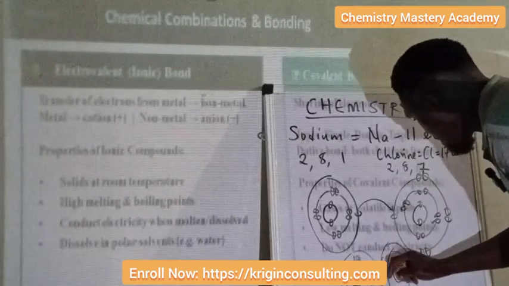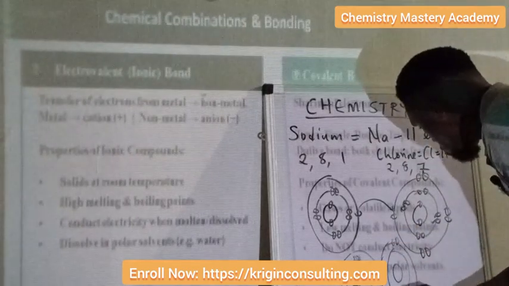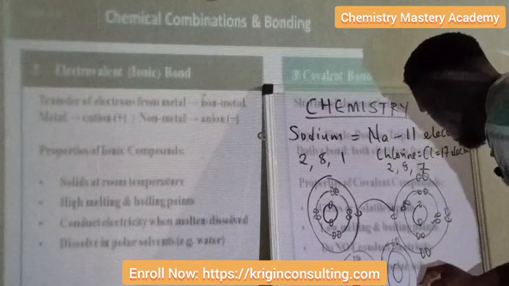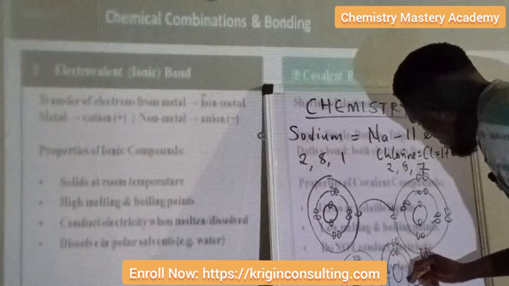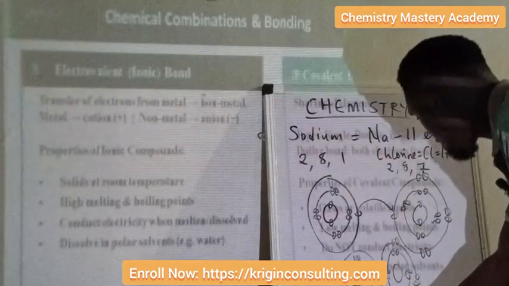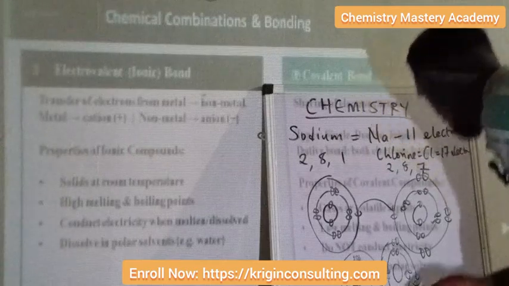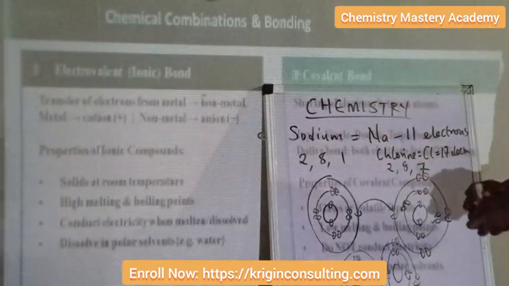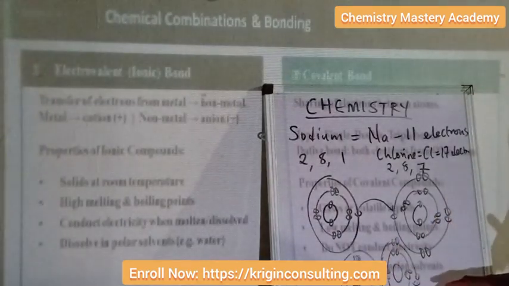This one that is here is here. Then this 2, then this 2, then this 2, then this 8. Now this has formed, we take the first Na, symbol Cl. So this is how sodium chloride is formed. You know, sodium chloride is a salt. This is how it's formed.